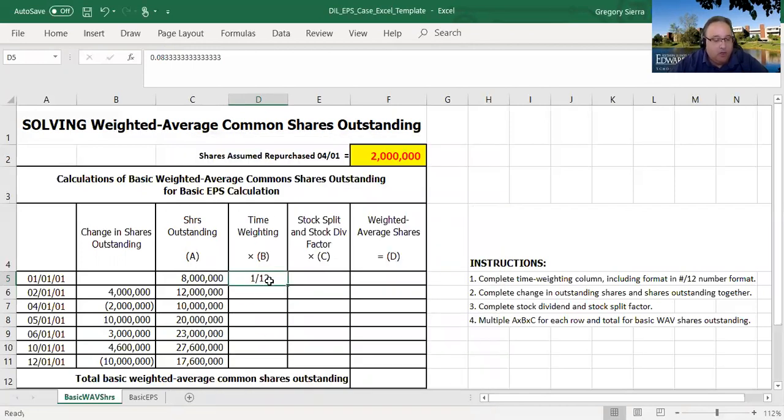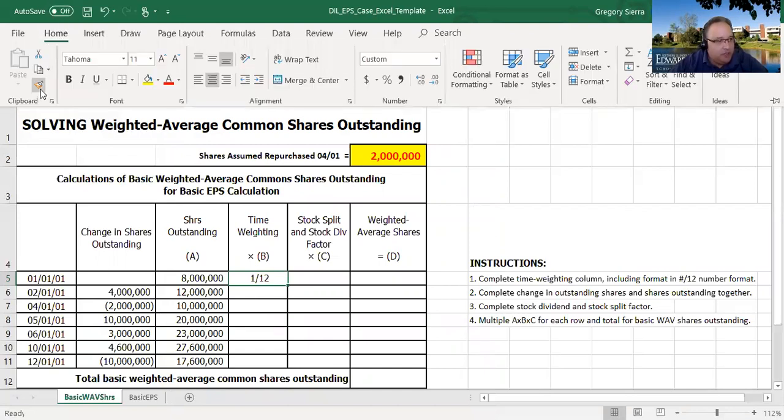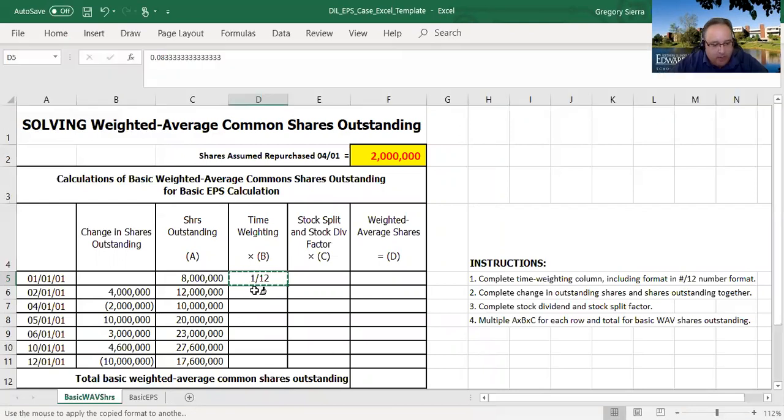Now, I'm going to go up to Home. This little paintbrush is the format painter, and I can copy this format all the way down. All right, so now we have the format done. The second row, we have February and March, that's 2 months.